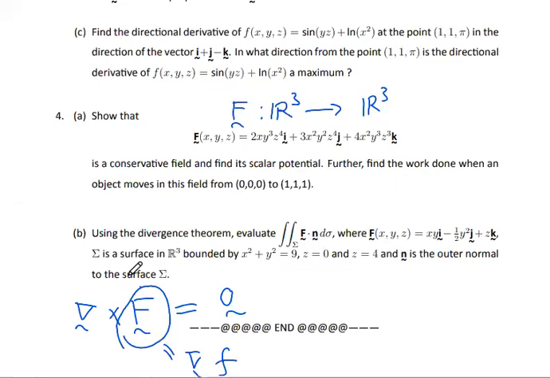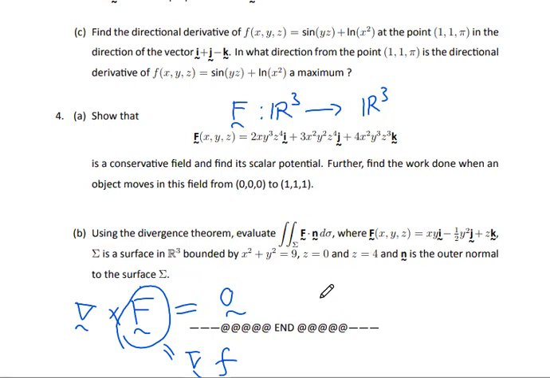If you show this field is irrotational on this domain, because this domain is simply connected with no holes, because these are polynomials in x, y, and z, so f is defined for the whole of R3.